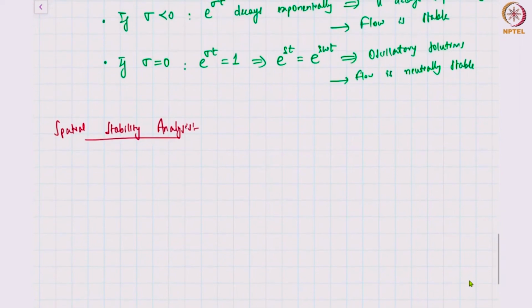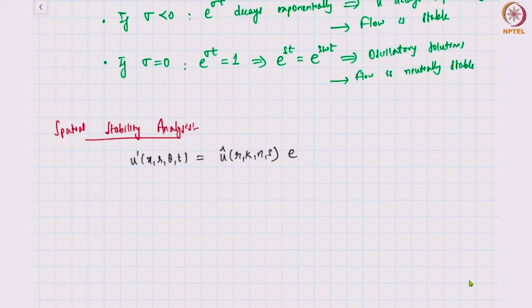So the equivalent would be u hat of r, and u of x, r, theta and t would be something like u hat of r, k, n and s. Now the difference is that it is oscillating in time.